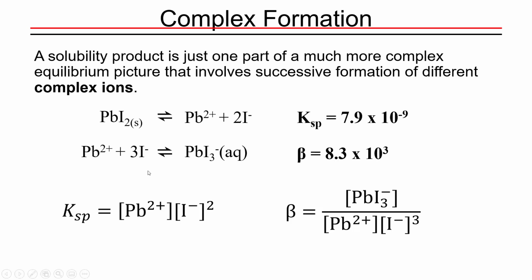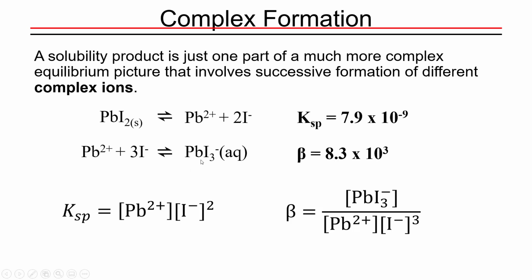So for instance, if I have lead-2 iodide, PbI2, it can pick up a further mole of iodide anion, the ligand, to form the complex ion PbI3-, where a complex ion is a general term for an ion that exists and is composed of simpler ions bonded to one another.